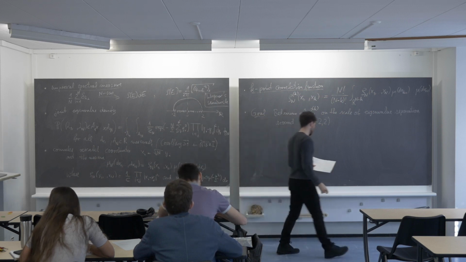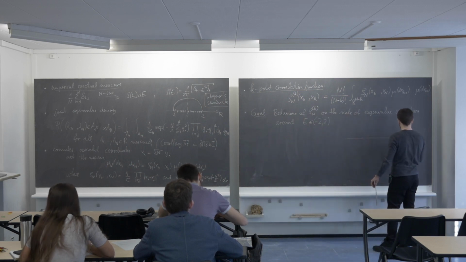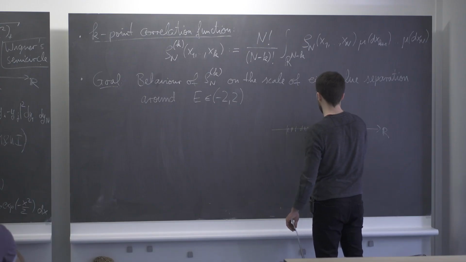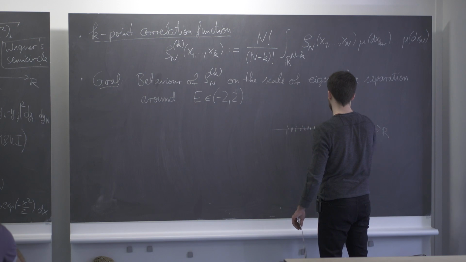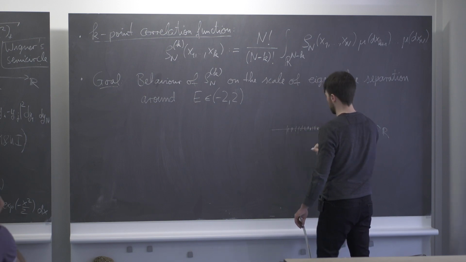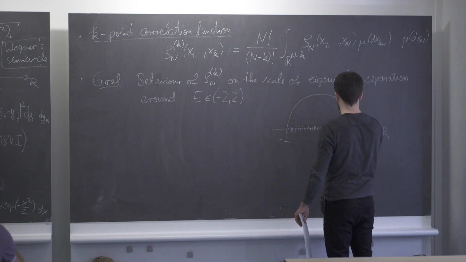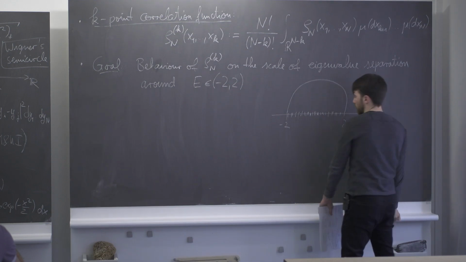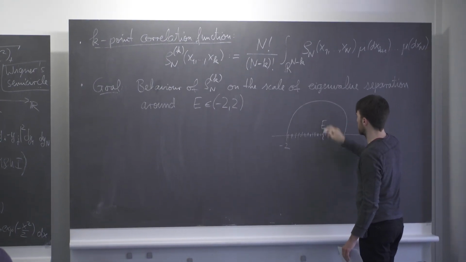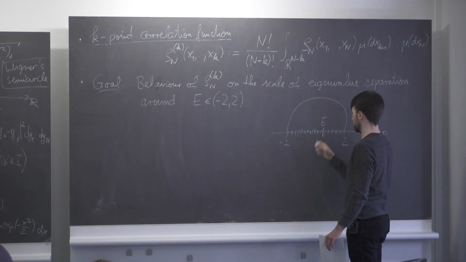Okay, so let me draw this picture again. So we have again the real line with some eigenvalues. Well, there will be a bit denser in the middle. So we have here -2, 2. We have the semicircle here, and now we fix some e somewhere inside the bulk, so in the support.